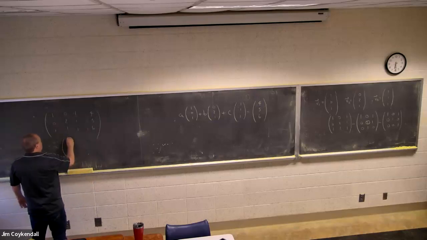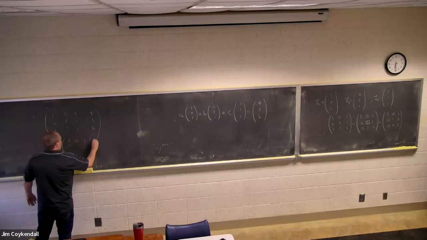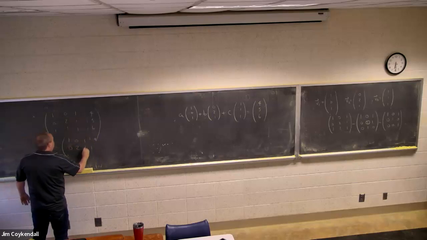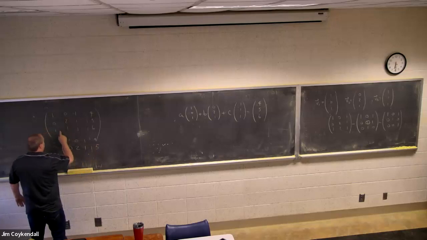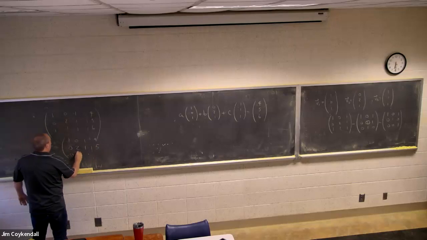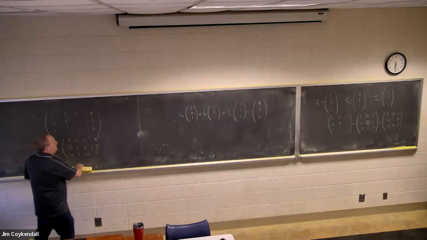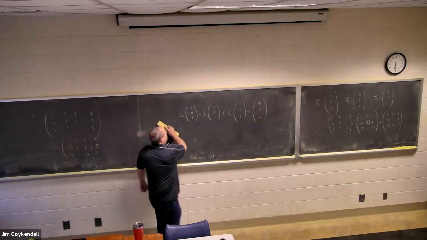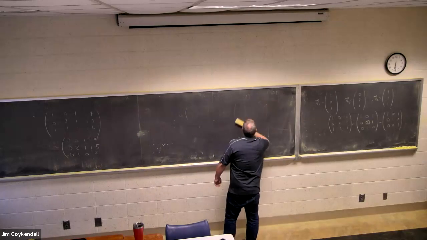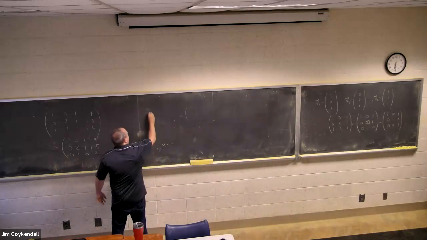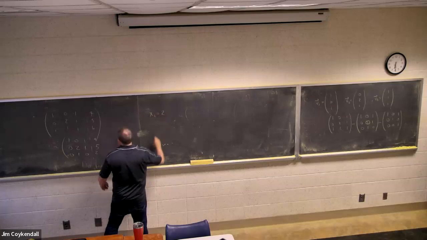So this becomes 1, 0, 1, subtract this, subtract 0, 1, 0, 2. And at this point, I might bail. In this particular case, because it's so easy now, x2 is 2.